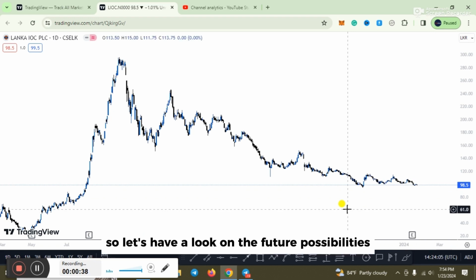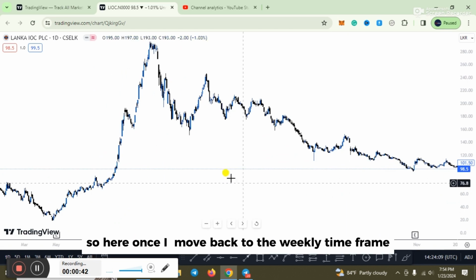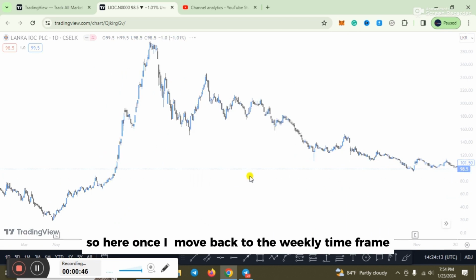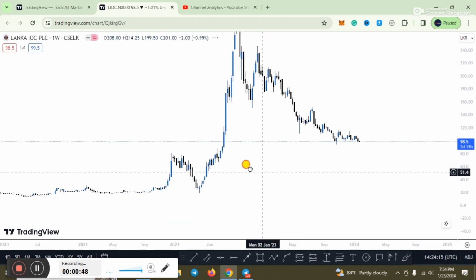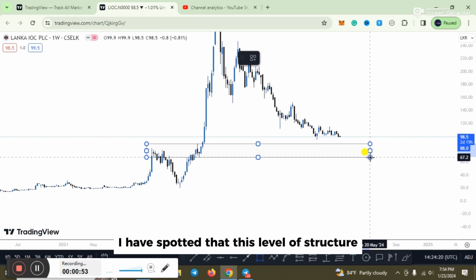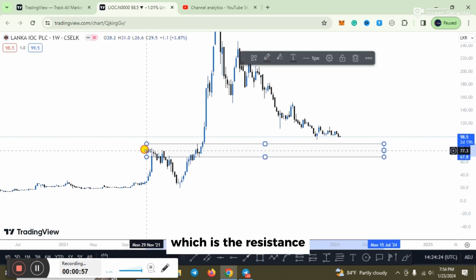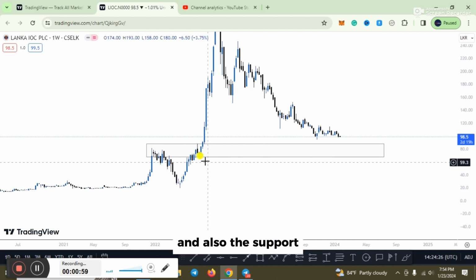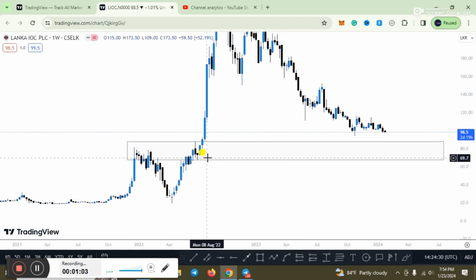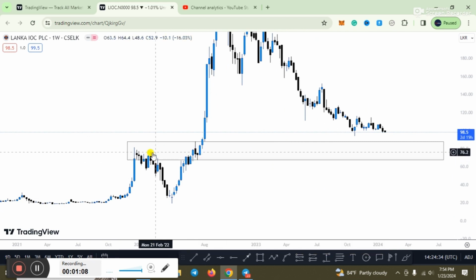So let's have a look at the future possibilities based on the technical analysis. Here, once I move back to the weekly time frame, I have spotted this level of structure, which is both resistance and support.